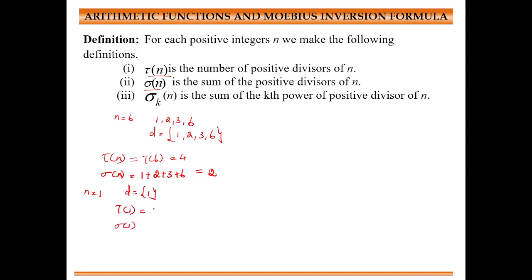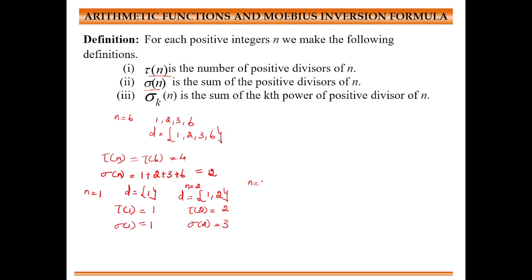Sigma of 1, the sum of the positive divisors, is also 1. If we take n is equal to 2, the divisors of 2 are 1 and 2. Tau of 2 is 2, the number of divisors. Sigma of 2, the sum of the divisors 1 plus 2, is 3.